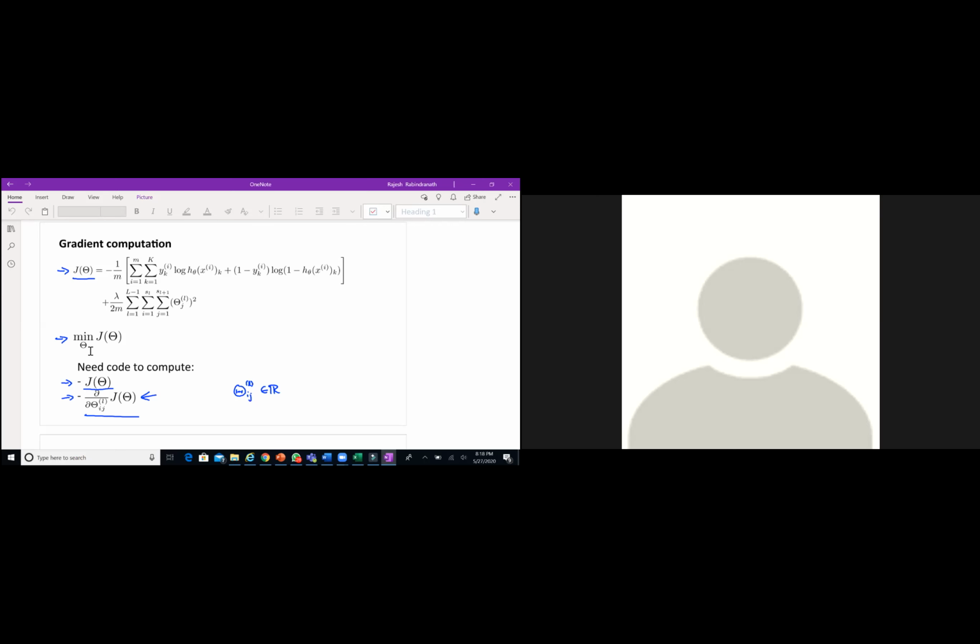But in the case of a neural network, if you remember our previous classes, I tried to highlight the fact that theta is a matrix, not a vector. Matrix means it has rows and columns, because if you remember that big equation, theta 1 1 0, theta 1 1 2, theta 1 1 3, theta 1 1 4, and theta 2 1 0, theta 2 1 1, theta 2 1 3, theta 3 1 0.